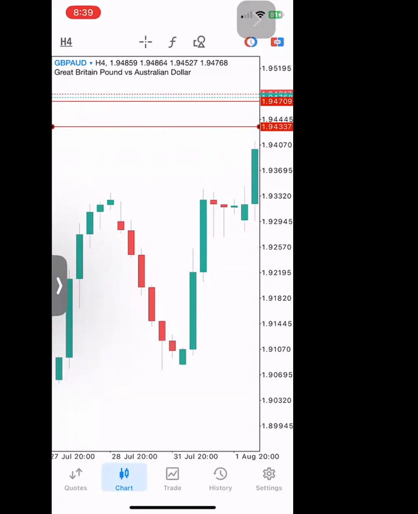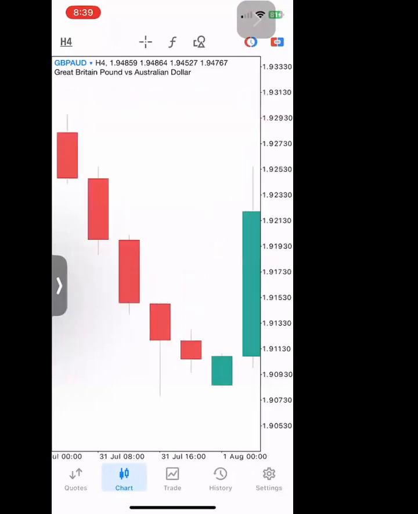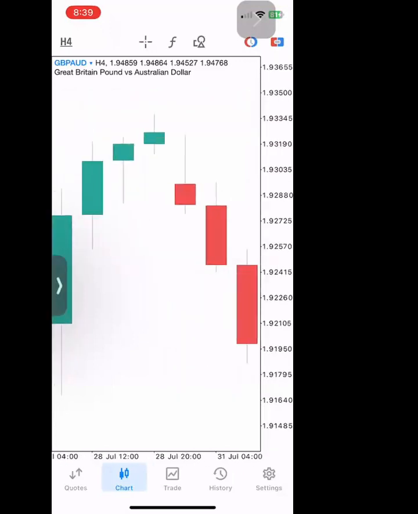Let me repeat it. Every bar you see on this chart, if it is H4, took 4 hours for the candle to start and finish, to open and close. So each candle represents 4 hours of activity.